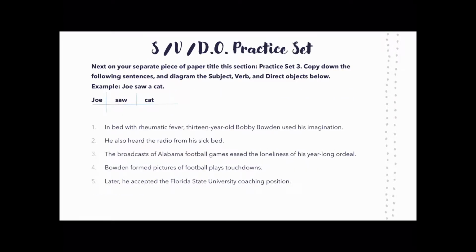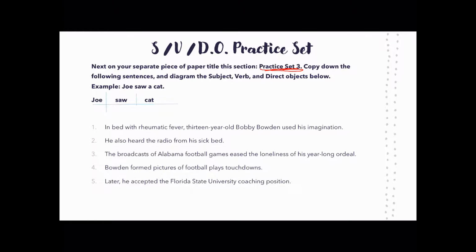So here's our practice for subject, verb, direct object diagramming. So we're moving back to our piece of paper and our pencil. You're going to skip a line, and in the center, you're going to write practice set 3 as our title for the next section. Okay? Copy down the following sentences, and then you're going to diagram the subject, verb, and direct objects below, just like we were doing before.